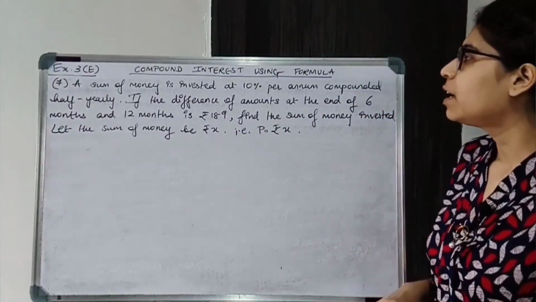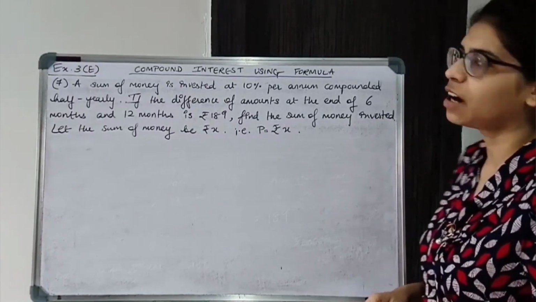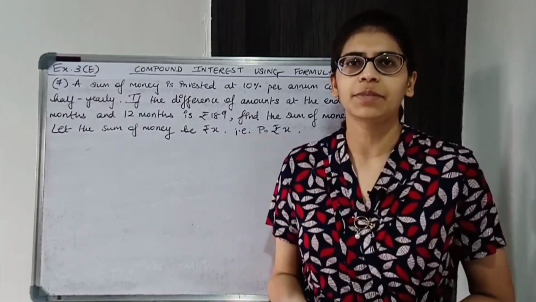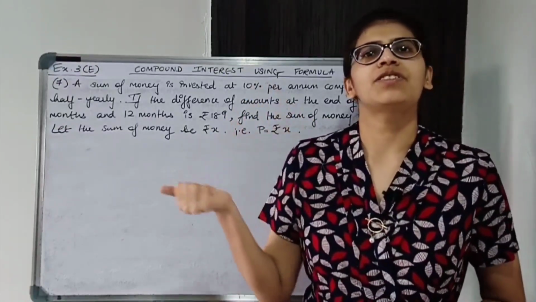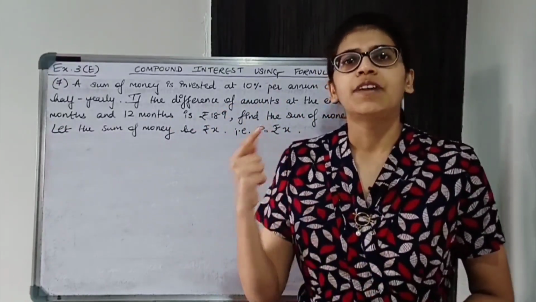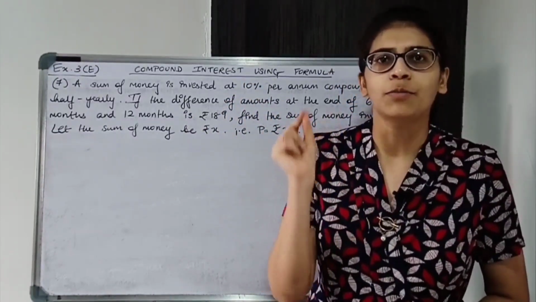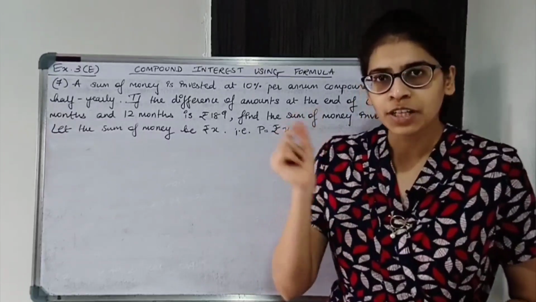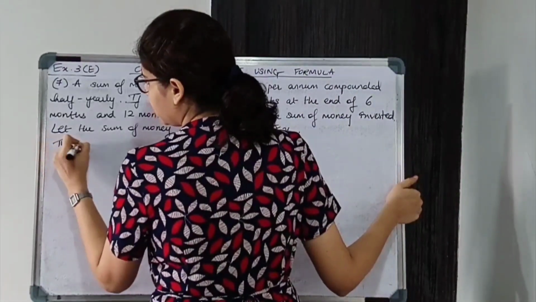Now the sum of money is invested at 10% per annum compounded half yearly. So rate of interest is 10% and it is compounded half yearly. Whenever the interest is compounded half yearly, you divide r by 2 and multiply n by 2. That will be the modification in the formula of amount, so you need to remember this. Just write down: the interest is compounded half yearly.